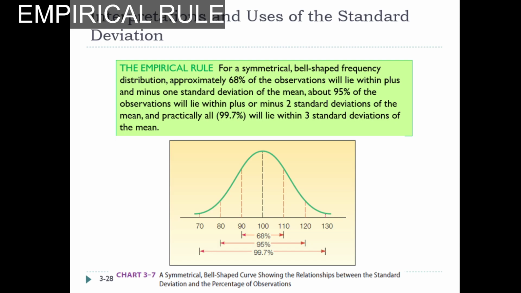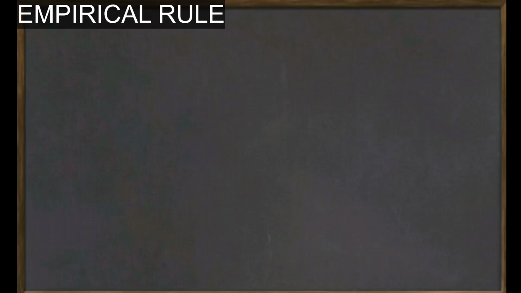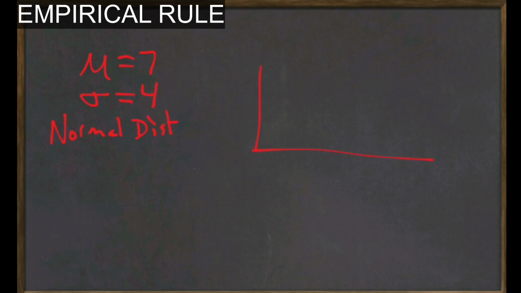But to jump back to why we might use standard deviation to describe a variable, if we're talking in normal distributions, and you tell me I have a variable with a mean of 7 and a standard deviation, using sigma, of 4, and you tell me it's normally distributed, then I can, in my mind, start to build a picture.